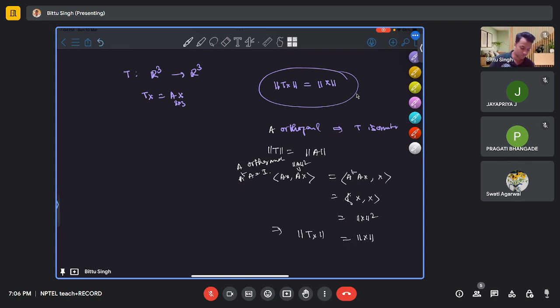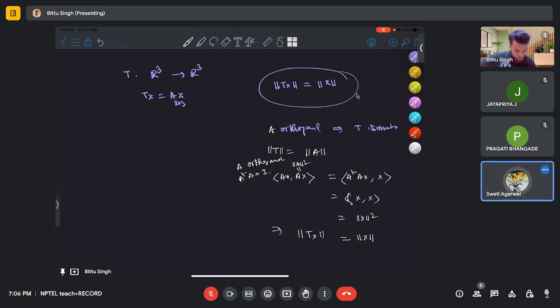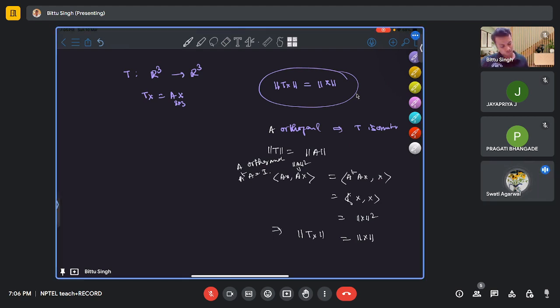We are getting that. But what about the reverse? The reverse is also right, isn't it? Hmm, no, I mean, it is saying that A will be orthogonal only if T is an isometry. Even if T is not an isometry, can A be non-orthogonal?